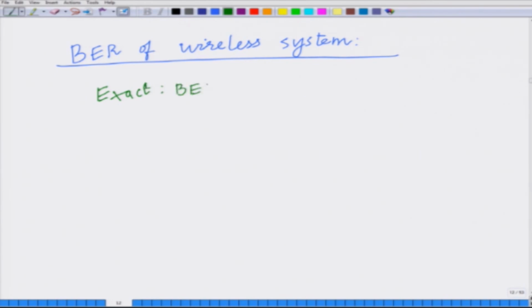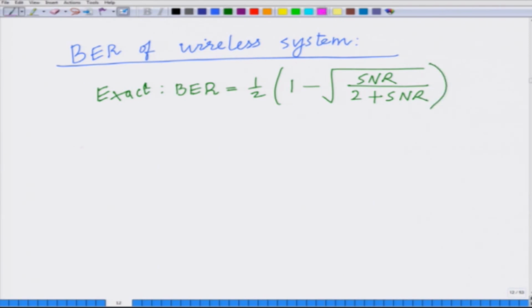The exact expression for the bit error rate equals half times 1 minus square root of SNR divided by 2 plus SNR, and then we also have an approximate expression. In the approximate expression, the bit error rate equals 1 over twice SNR.